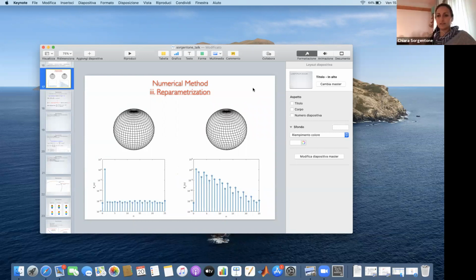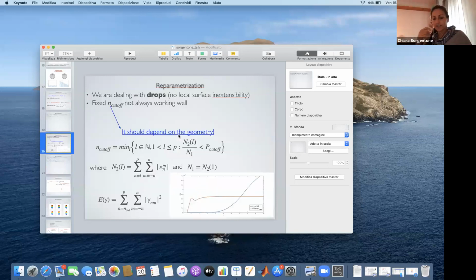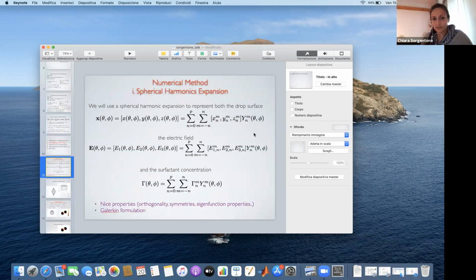That's a good question actually. In my spectral reparametrization, this is embedded. Let's go to the representation of my quantities here. This is how my surface is represented.